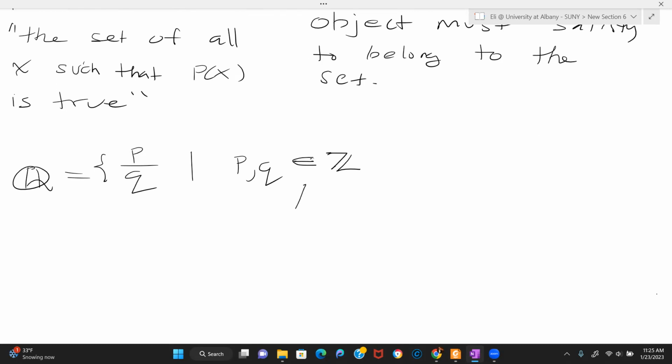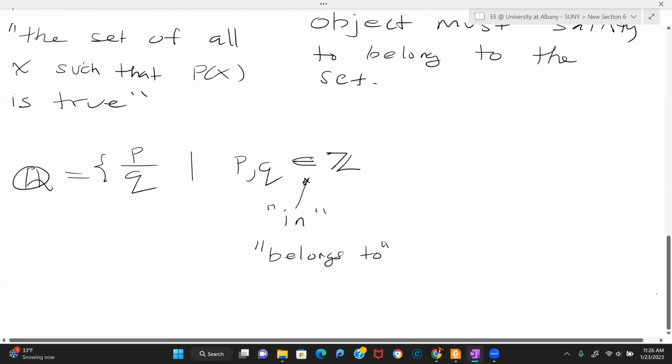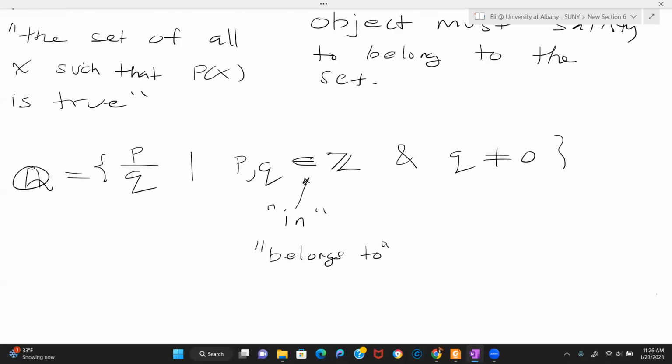This E-looking symbol just means "in" or "belongs to." Of course, this is just the ampersand, meaning "and." Q is non-zero. So these are the rational numbers.